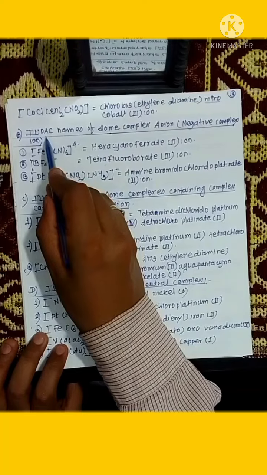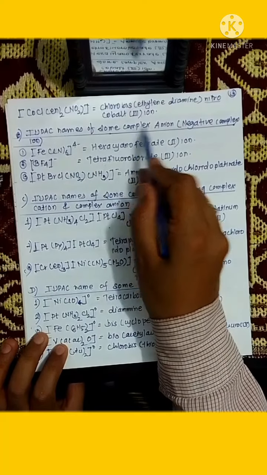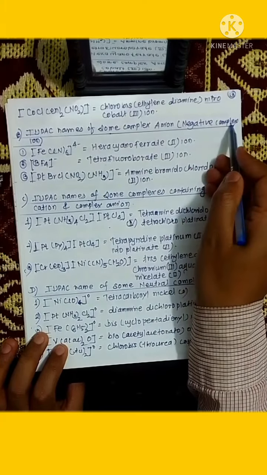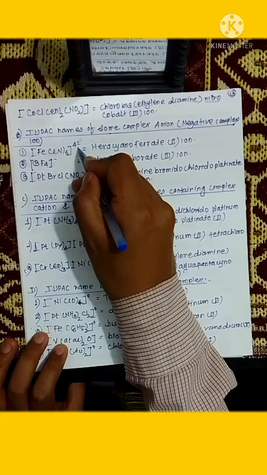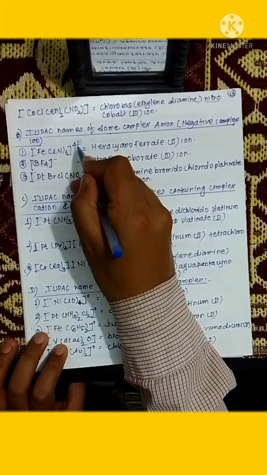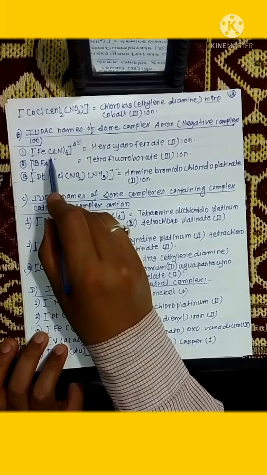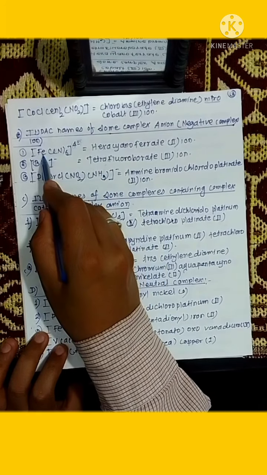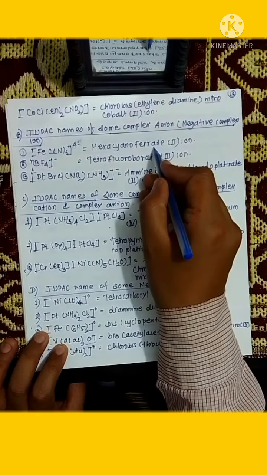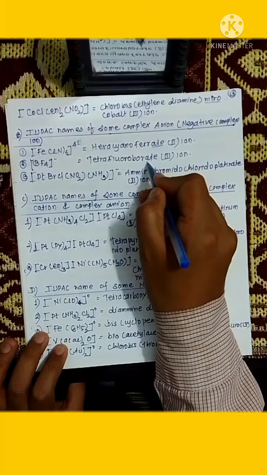Now we are going to see the IUPAC names of some complex anions, that is negative complex ions. It simply means that the overall charge of the complex is negative. First, students should note that the central metal atom name ends with ate.